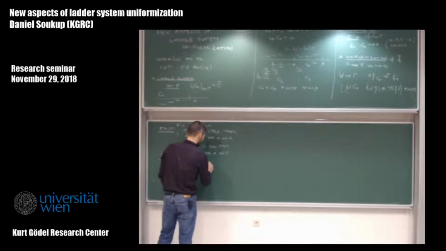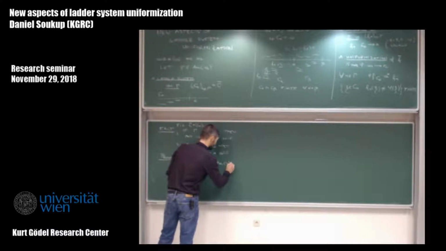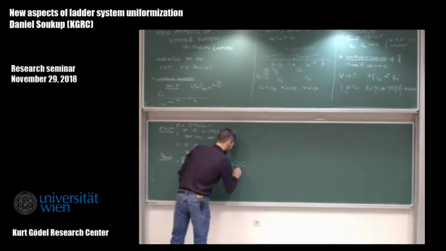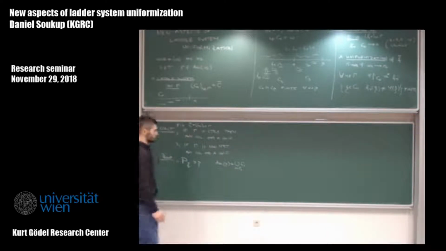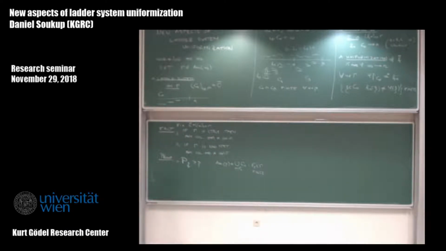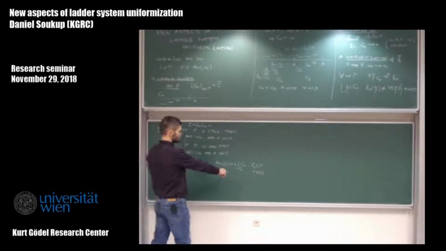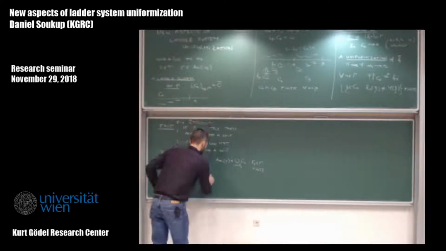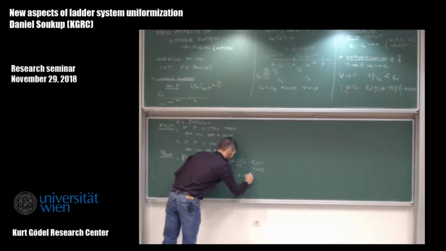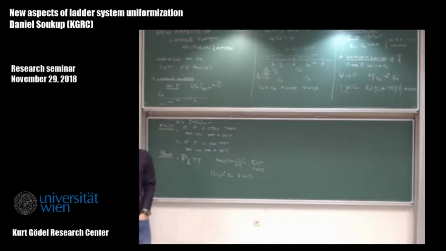Its elements are functions p such that the domain of p is a finite union of ladders, the union of C alpha for alpha in some finite set F sub p, and p almost everywhere agrees with these functions: p restricted to C alpha is almost the same as f alpha for all these finitely many alpha.